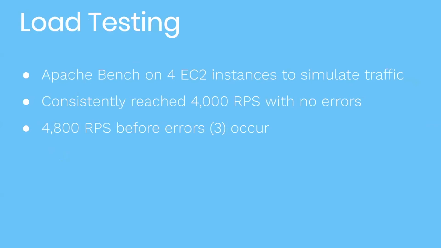So we did some load testing to identify Nami's capacity to handle a heavy load of webhook traffic. We were able to consistently reach 4,000 requests per second with 0 errors and up to 4,800 requests per second before we started to see any errors, but even then we only saw 3. So we do support this expected range of 5,000 requests per second.